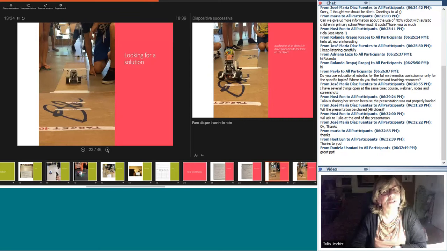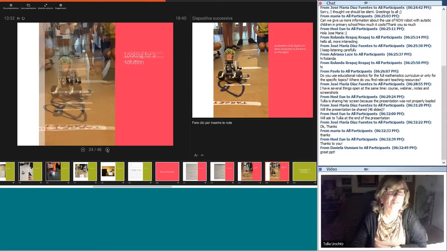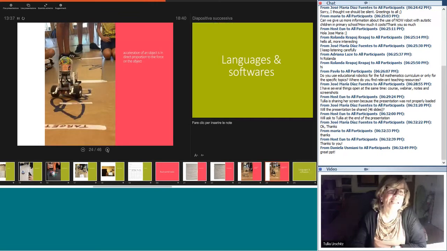So the solution can be really creative sometimes, like here. You can see they discovered that if you increase the mass on the robot, you can make it climbing.